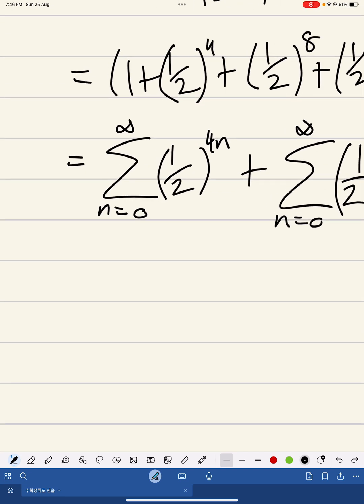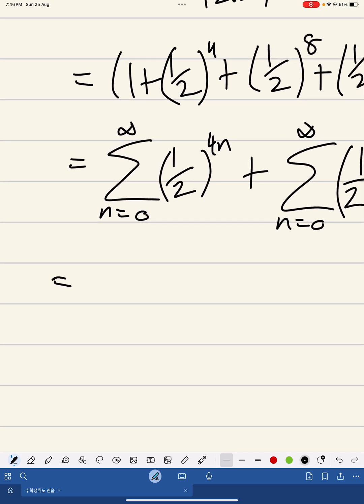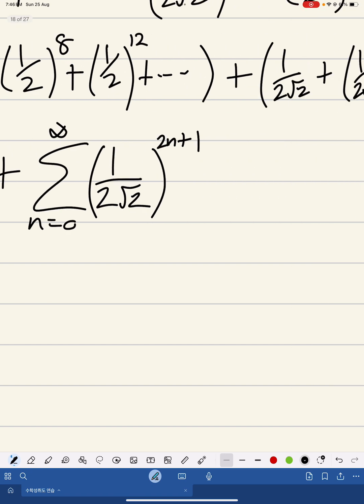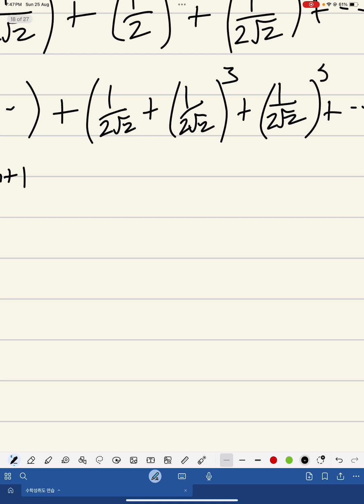So obviously both are geometric series where the common ratio exists, and for a sum to infinity of a geometric sequence, we know that S infinity equals a over 1 minus r, where a is the first term of the sequence.